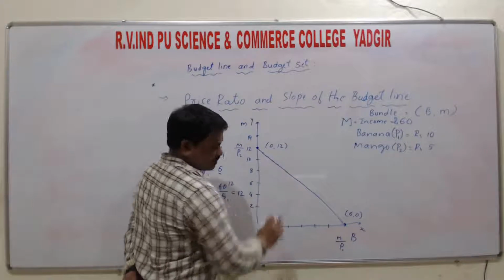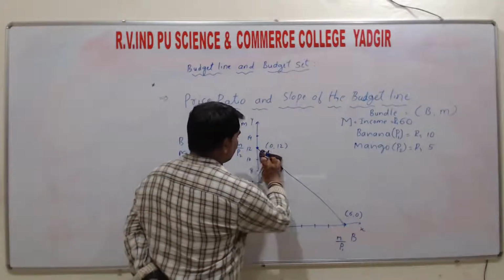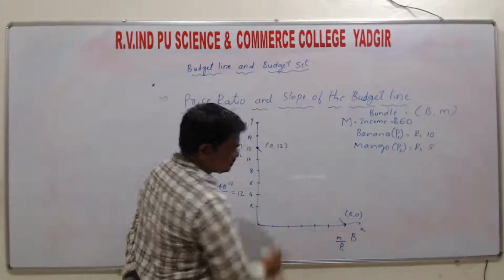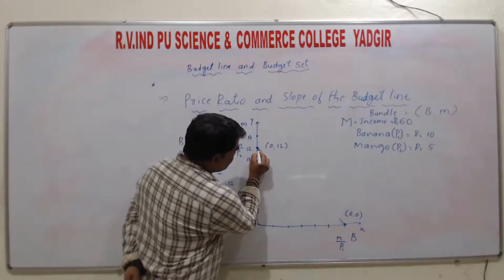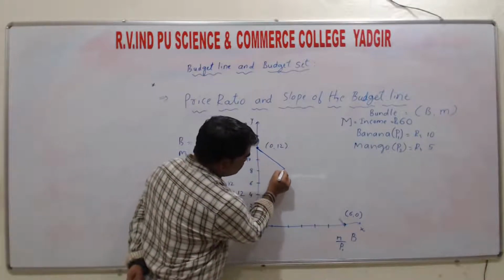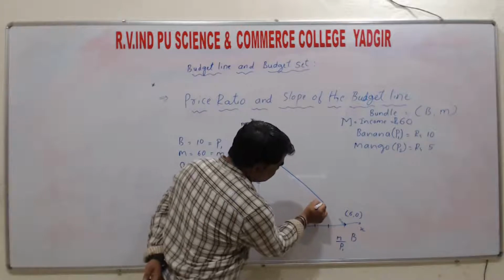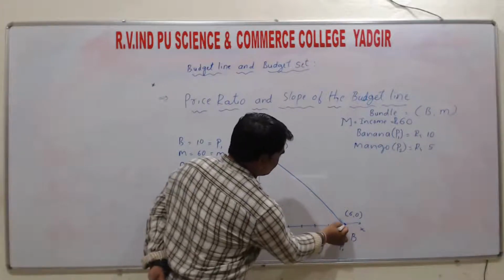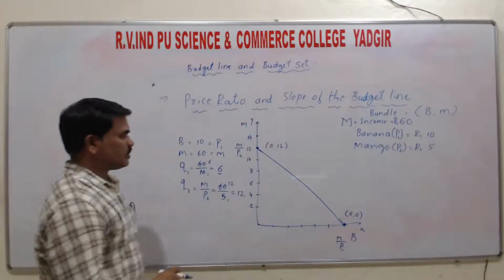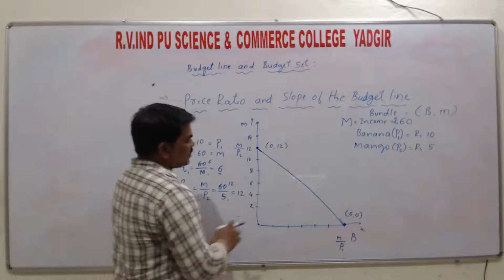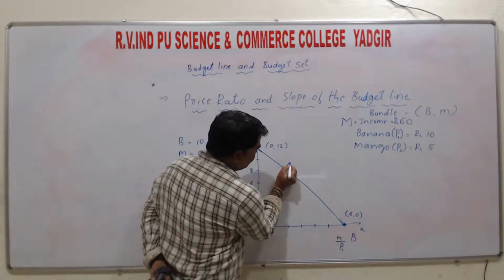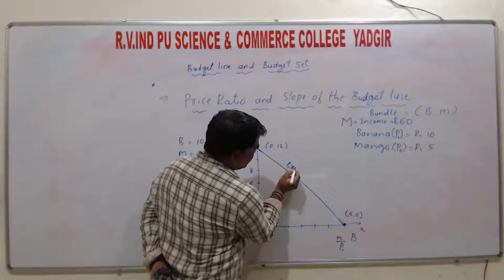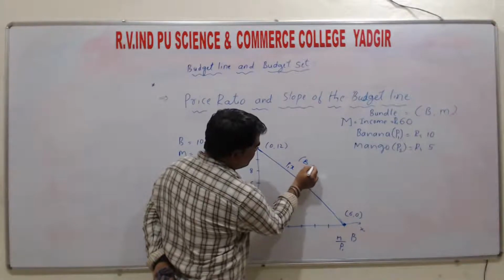Fine. This is a straight line, okay? So as we know, in a bundle we have banana and mango.